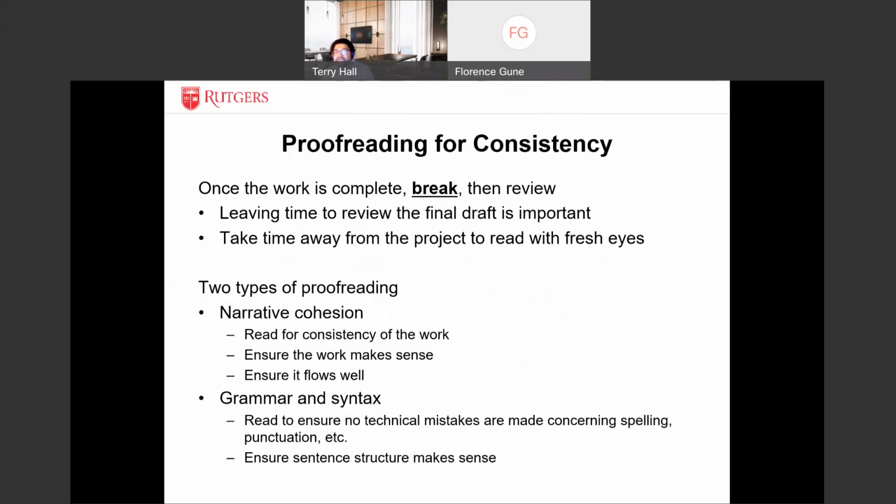Make sure that once the work is complete, you proofread. So in this order: finish the work, take a break, and then review. Leave time to review the final draft, but also make sure that you have left enough time to pause.